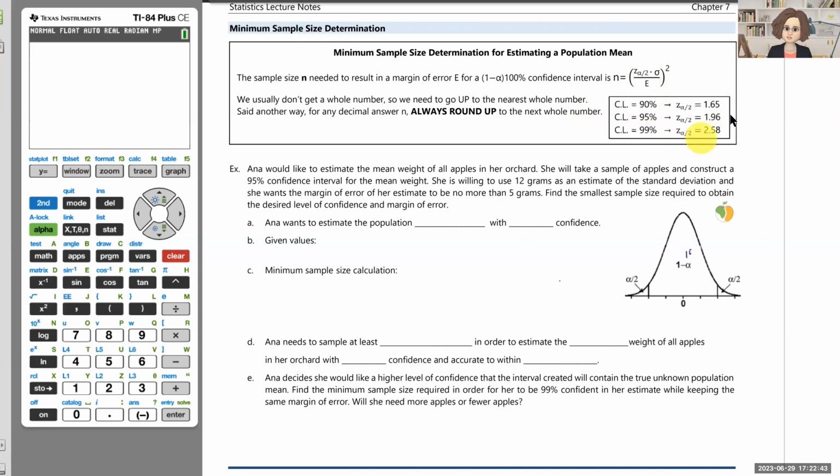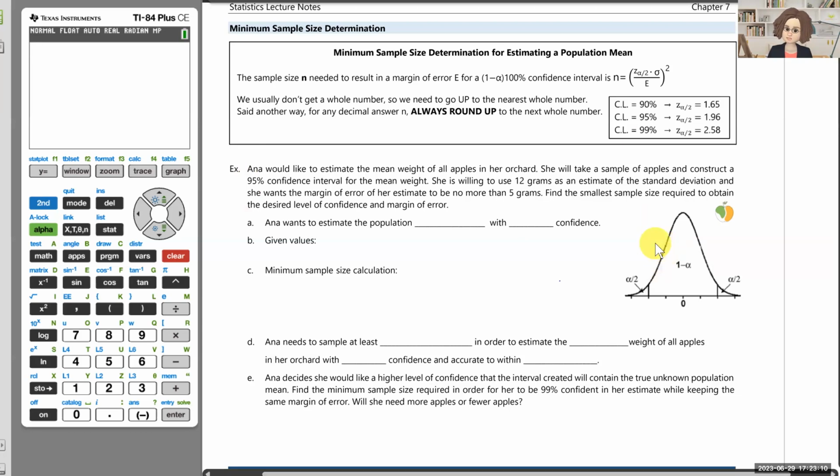And I've gone ahead and put some common confidence levels here along with their corresponding critical values. So we did find different ways to find critical values, but it's just nice here to have the reference. And I did put a picture here of the process we used to find those values. So I'm just going to label this picture for this example where we'll be doing a 95% confidence interval.